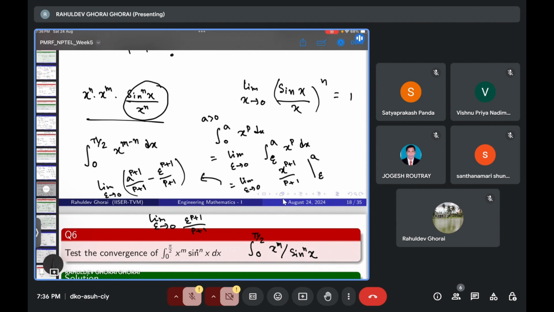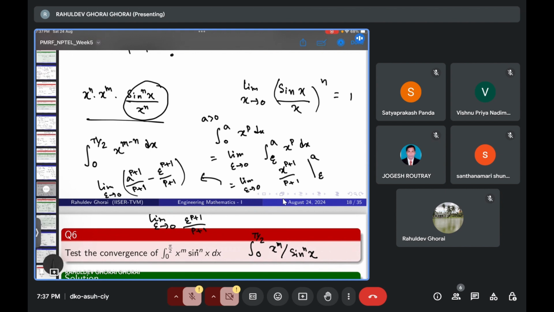If p plus 1 is less than 0, then you don't have any hope, because when p plus 1 is, let's say, minus half, then epsilon to the power minus half will diverge to infinity, right?